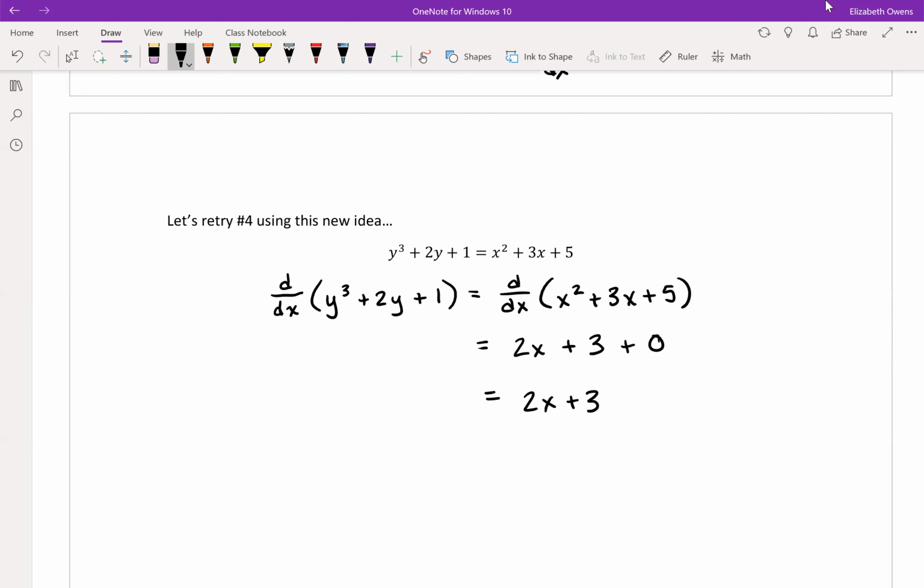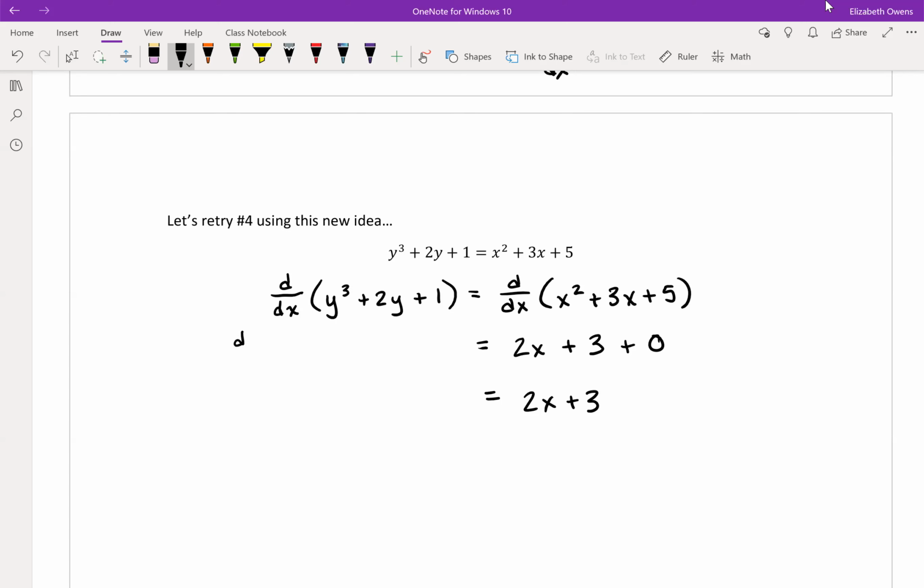On the left-hand side, this is going to be a little bit more of a challenge here. So let's break this up into smaller pieces, because remember our sum property for derivatives. If you're taking the derivative and you have a sum of more than one term there, you can do the derivative of each term separately.